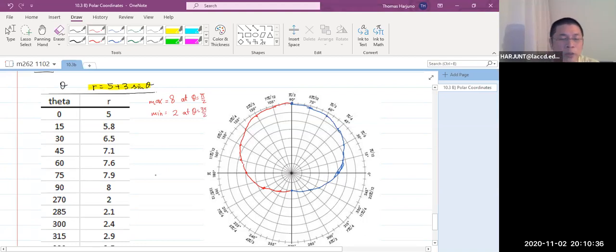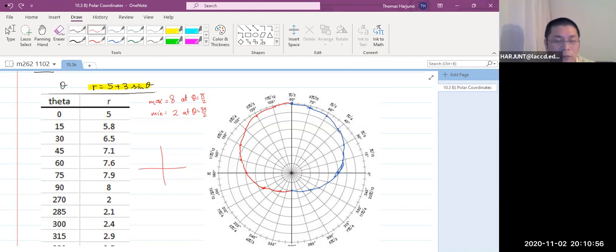So when somebody asks me to graph this, I know it follows the limaçon pattern, a plus b sine theta. It is a limaçon pattern, and I want to know what it will look like. Oh, it's sine theta, so it must be symmetric with respect to the y-axis.